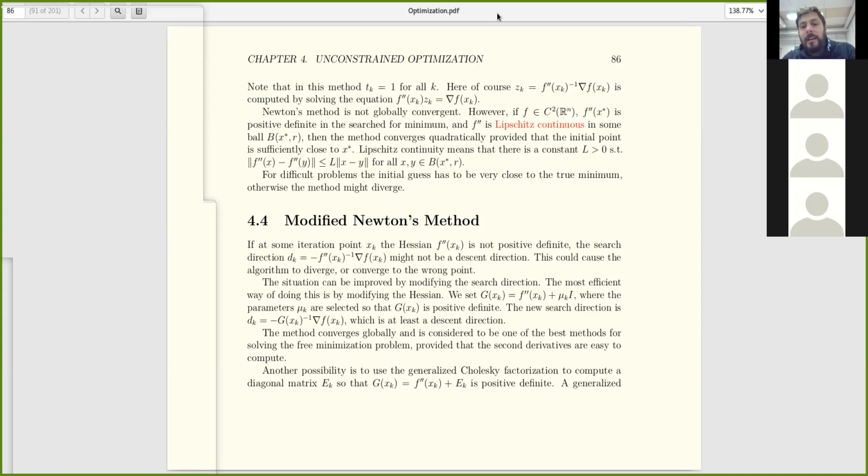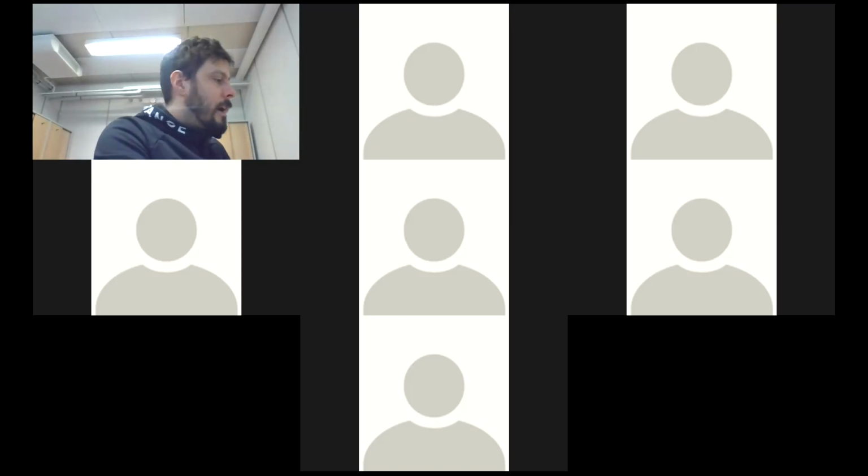So if you think of it through these eigenvalues, then mu k can be selected as long as mu k is positive and larger in absolute value than the most negative eigenvalue, then this G matrix will be positive definite. Because this will shift the eigenvalues. I'll just very quickly show you. We can look at it through the eigenvalue equation.